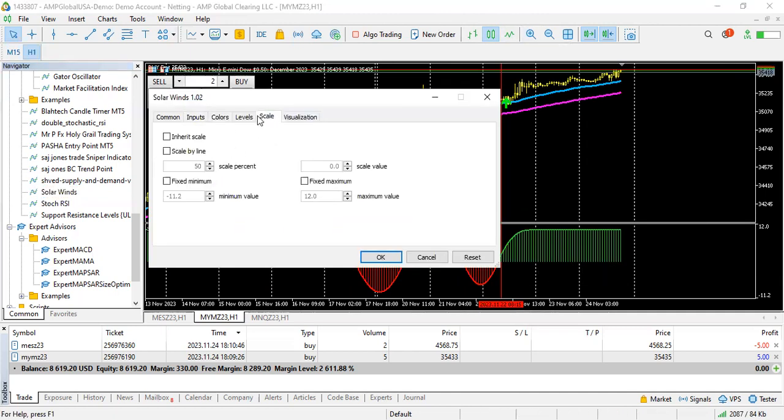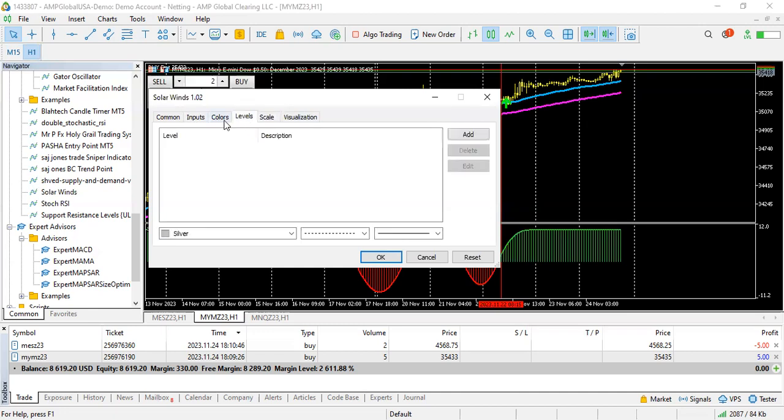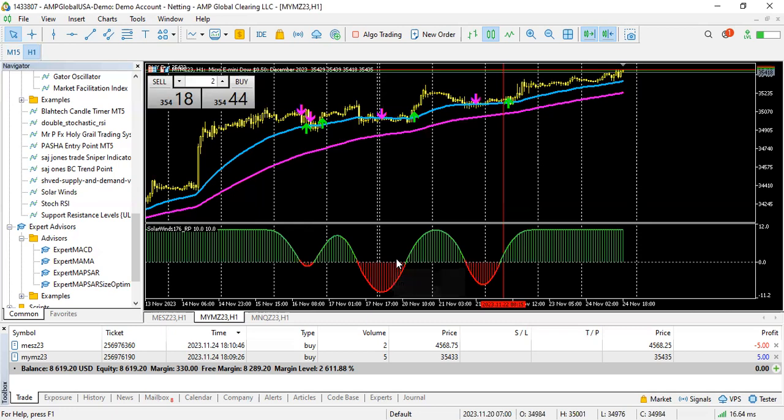With my BC trend point and my solar wind, I go here and choose the levels and hit add. When you hit add, it's going to put a levels area here, and that level is going to be 0.0. Just leave it at that and hit OK.